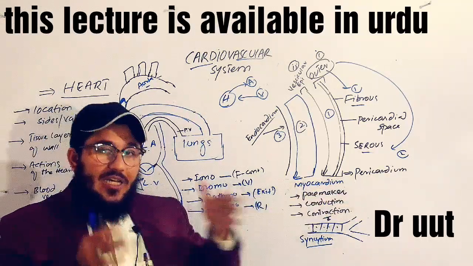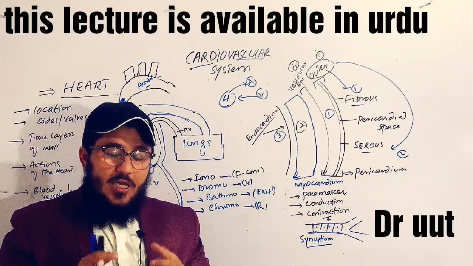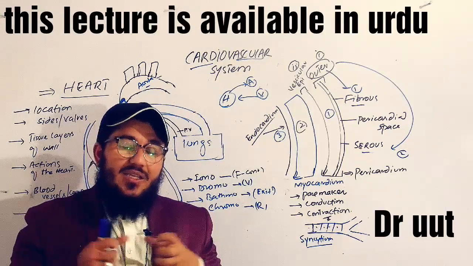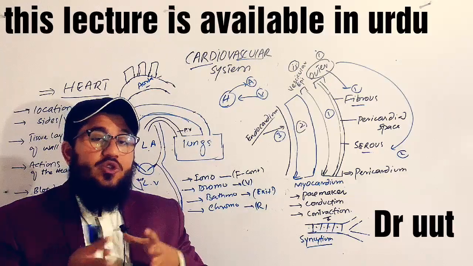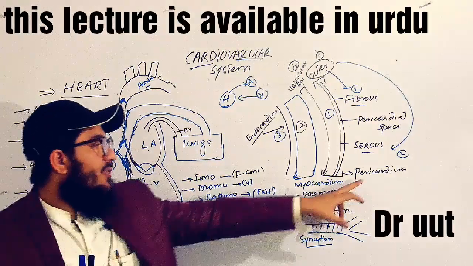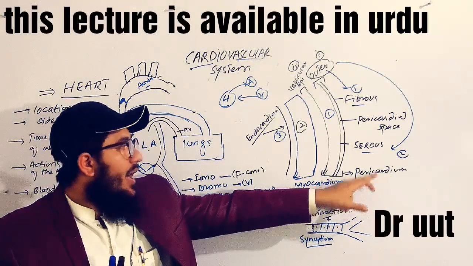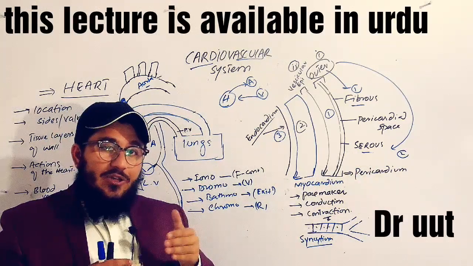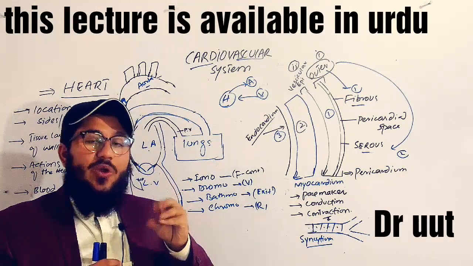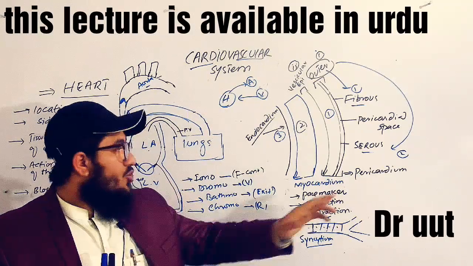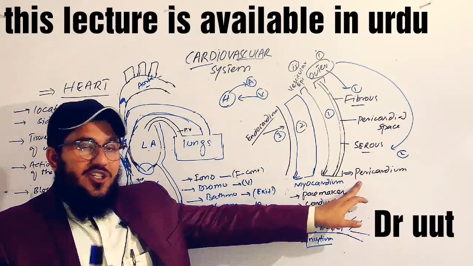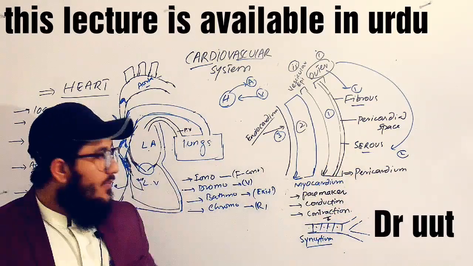So the pericardium limits the extension of the heart, means if the heart is contracting or relaxing, it will not move, and its shape will not be destroyed due to this bag-like structure provided by the pericardium. It also provides a very easy way of contraction and relaxation by decreasing the friction. So this is also reducing the friction by means of the serous layer.